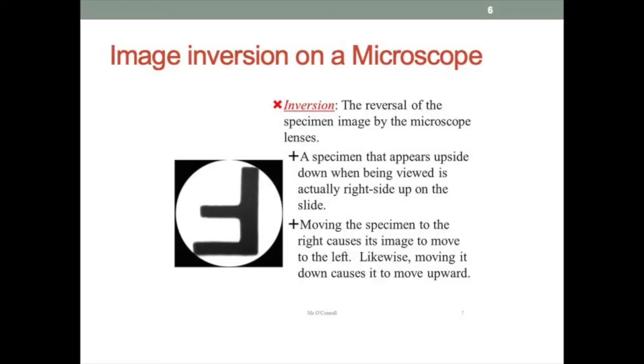Now, as it's going through those lenses, the light has to switch places. It has to fold and magnify. So what does that do to the image? Well, it's what's called inversion: the reversal of the image of the specimen by those lenses. Usually it's going to flip the image upside down.